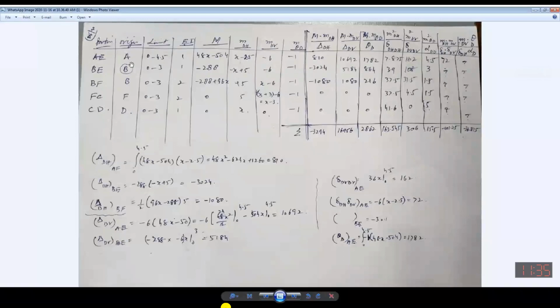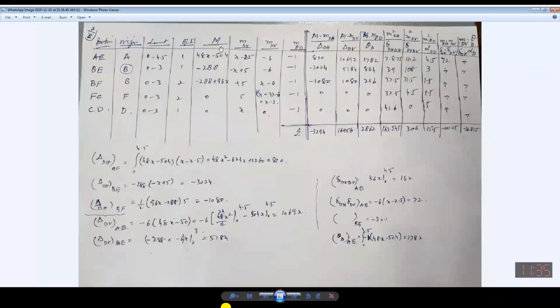This is the limit. This is EI, and if there is 2I, it means it will be 2, because EI is taken to be constant, so I have taken it as 1, and you also need to take it as 1. Then just keep it in front of you.